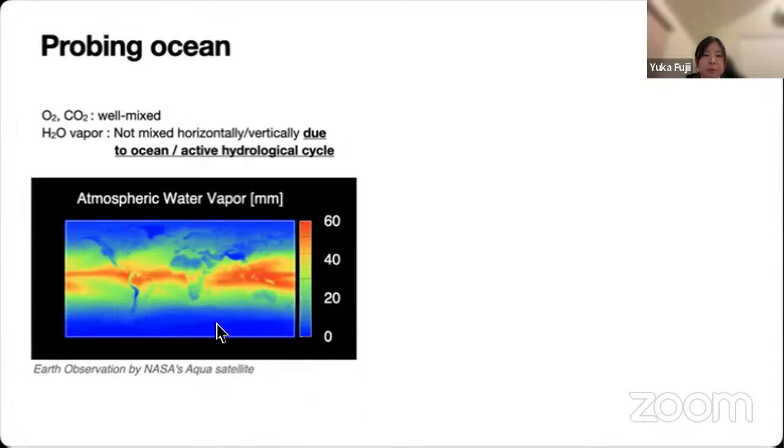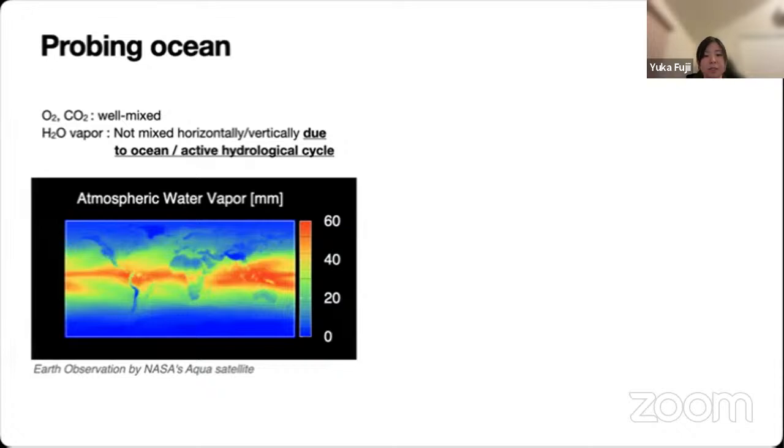H2O, water vapor, is also vertically heterogeneous due to the cloud formation. Such characteristic heterogeneity is very different from other well-mixed gases like oxygen and CO2, and could in principle be probed by variation of the spectral shape due to the change in illuminated and visible area.